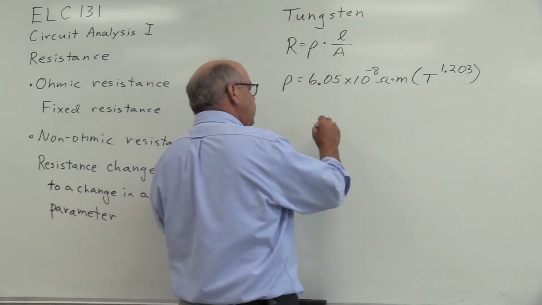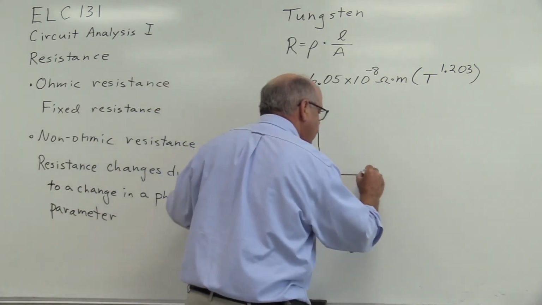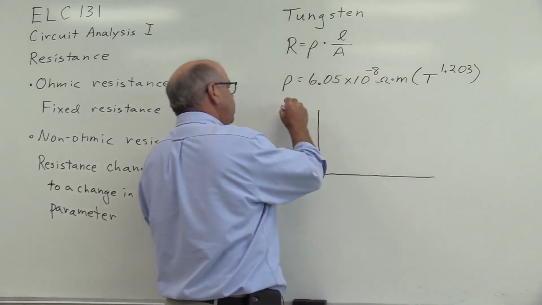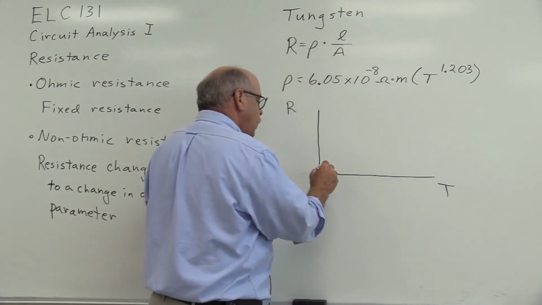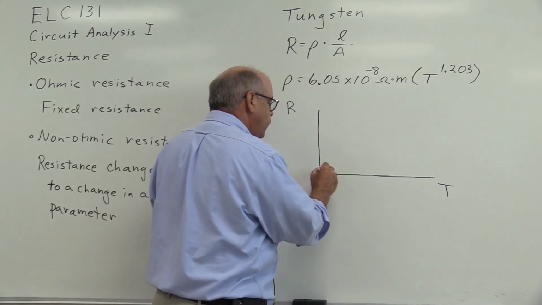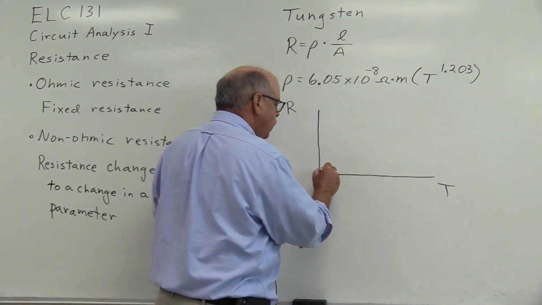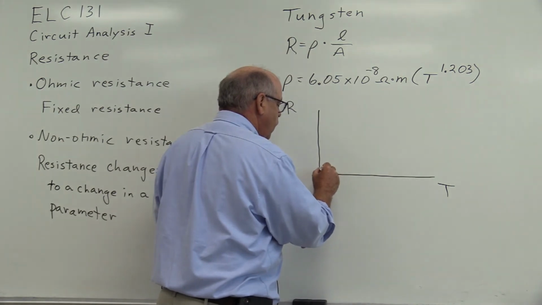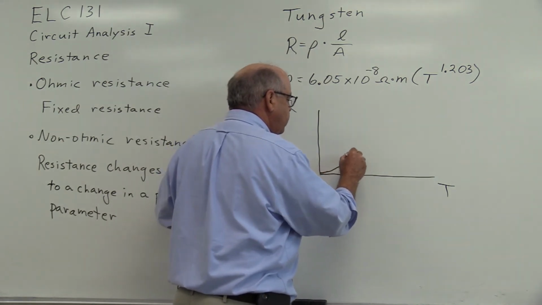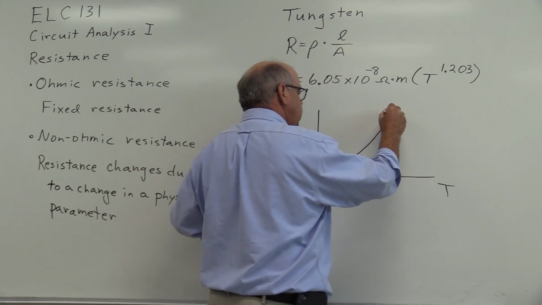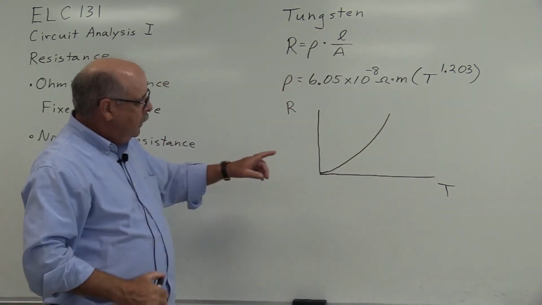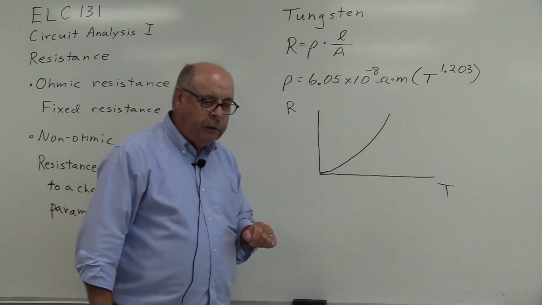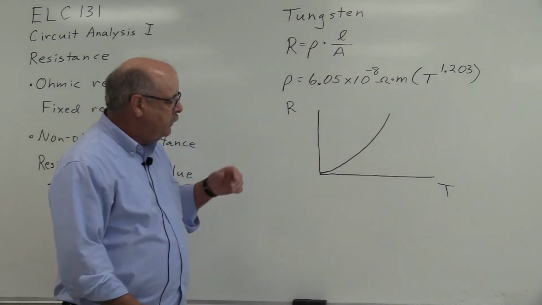Now, if we look at this graphically, resistance as a function of temperature, this graph is going to start out somewhat nonlinear, but this is a power equation, and we'll see that the resistance increases somewhat exponentially as temperature increases.